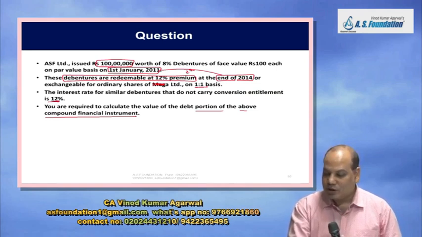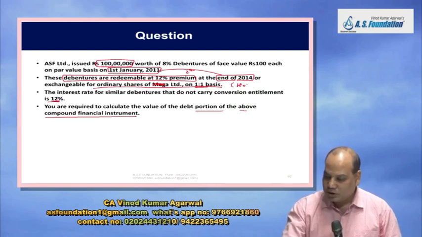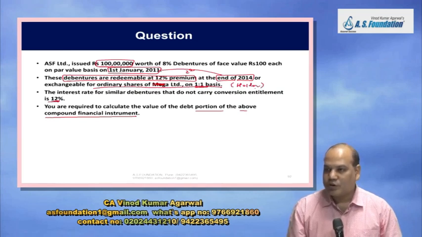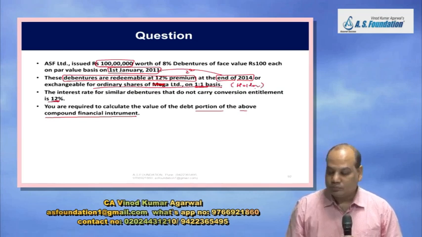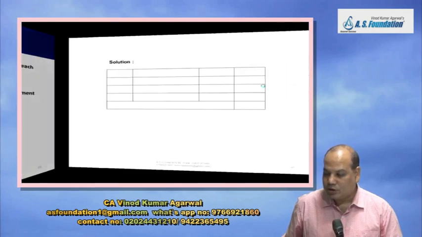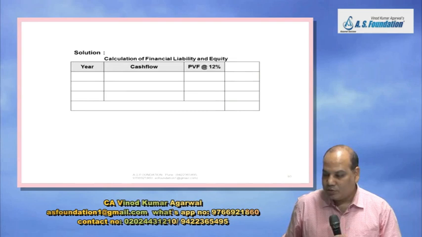That is, debentures are redeemable at 12% or exchangeable for ordinary shares on 1:1 basis. If the problem is not clear, assume the holder has the option. And if the holder has an option, then you will consider the redemption value also.